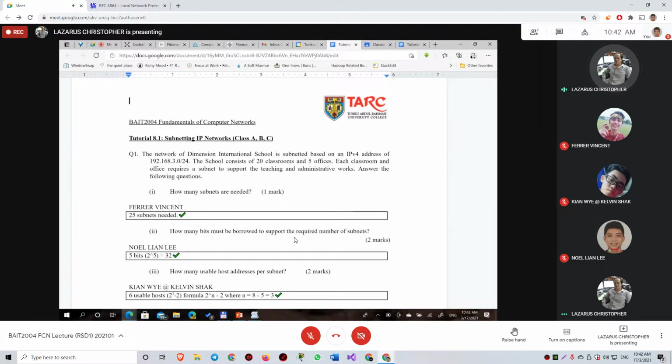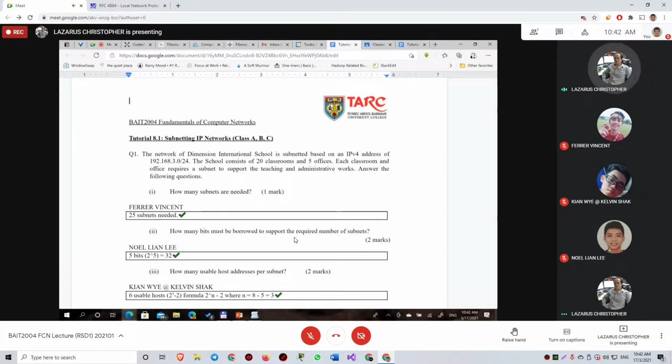That means your prefix will be /30. /30 leaves you with 2 bits for the host. 2 to the power 2 is 4, minus 2. You get 2 usable host addresses.